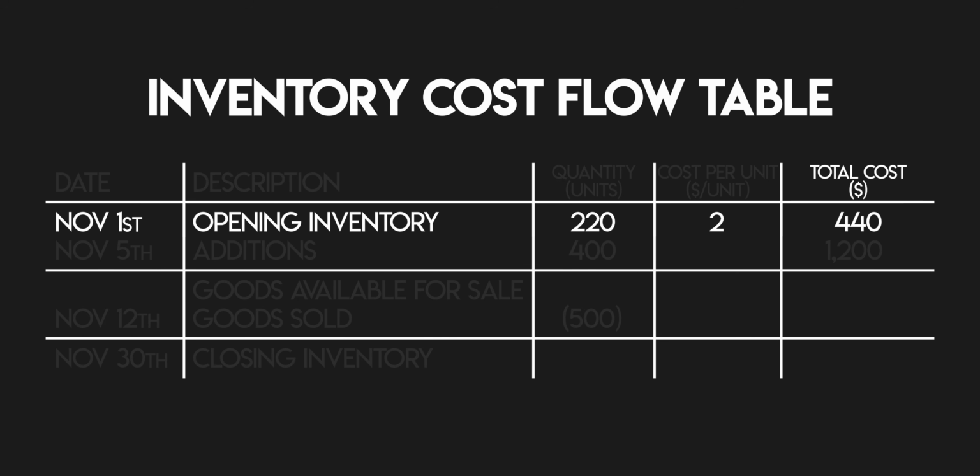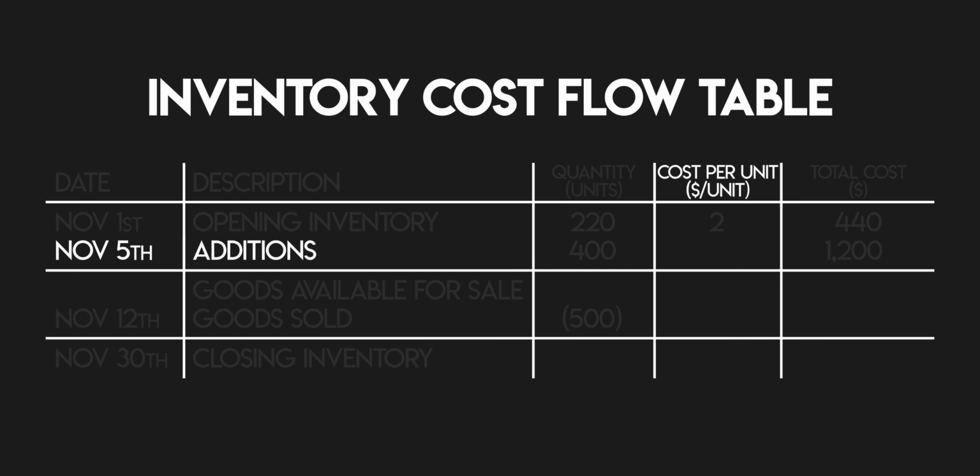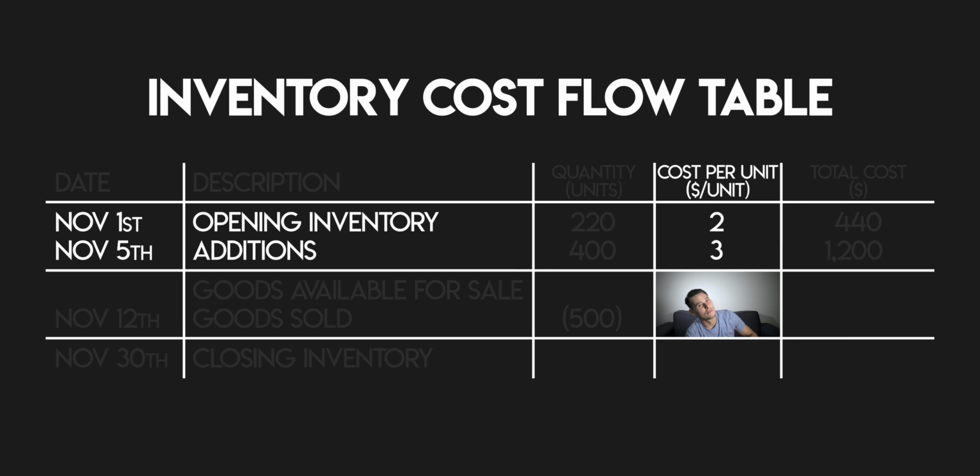Next up, we have to work out the cost per unit of your additions. You bought 400 units, costing you a total of $1,200. $1,200 divided by 400 units is $3 per unit. That's quite an increase from the cost per unit of your opening inventory. Something to bear in mind when picking inventory cost flow assumptions, but more on that soon.